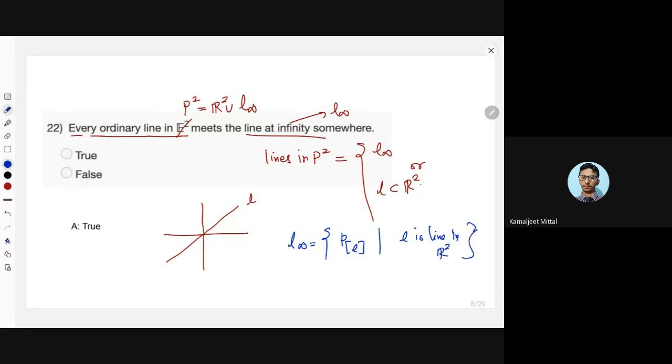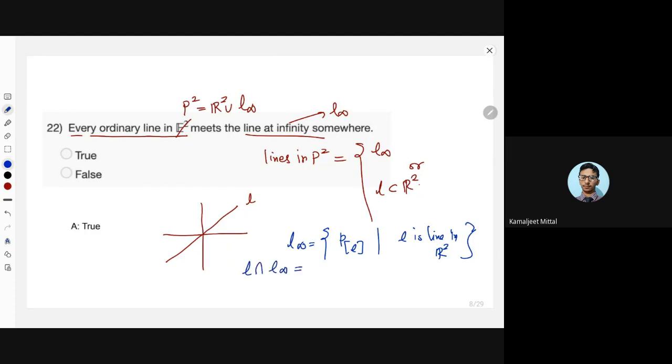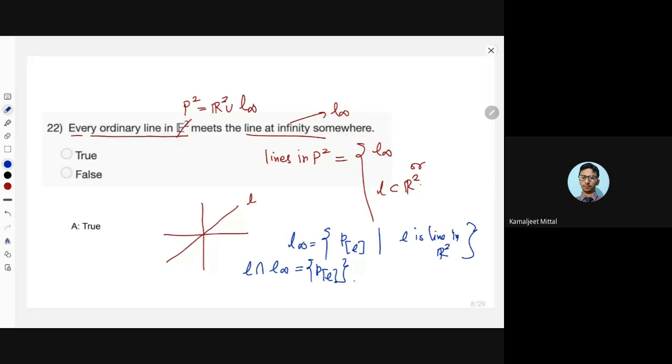So, for example, this line L will intersect L infinity at precisely this point. So if you take any line in P2, it will meet L infinity somewhere. That's why it's true.